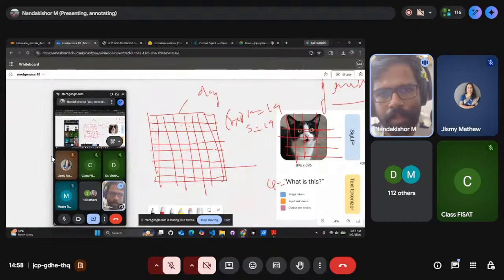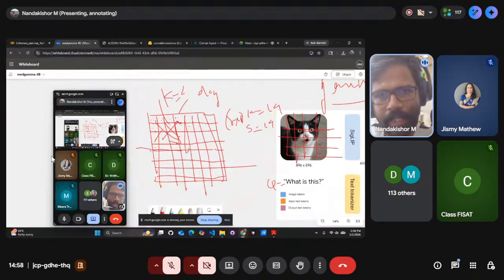Then take a 4 by 4 part of it. This part we call a kernel of 4.